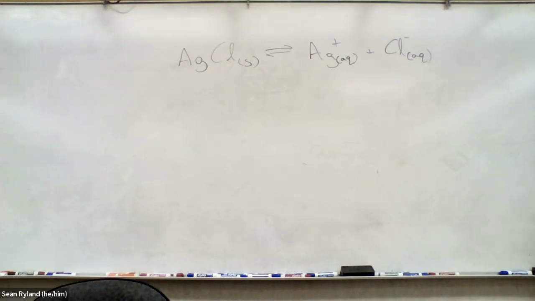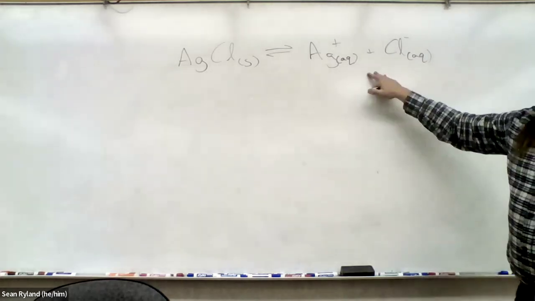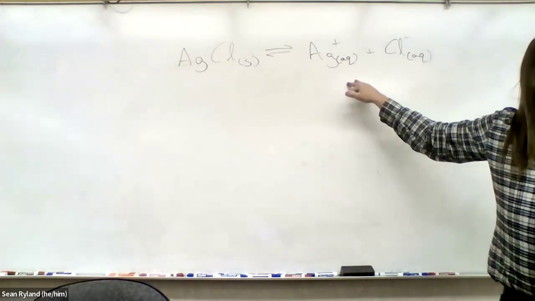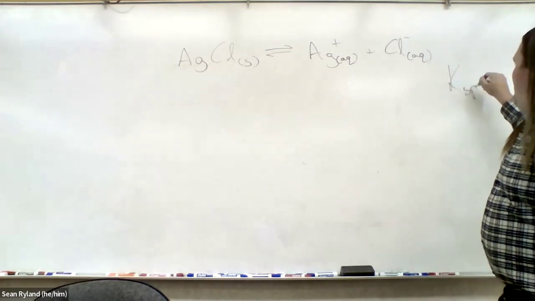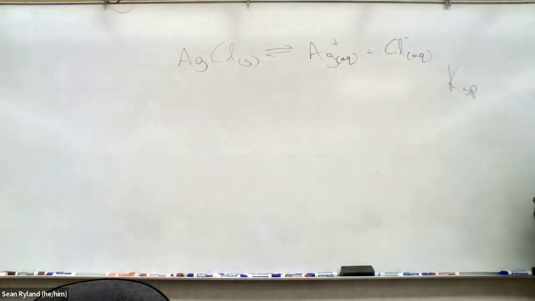We talked a little bit about solubility of ionic compounds and how it's like a set number. But really, the more accurate way to think about ionic compounds dissolving in water is an equilibrium process. This type of reaction has Ksp. It's called Ksp. SP stands for solubility product.